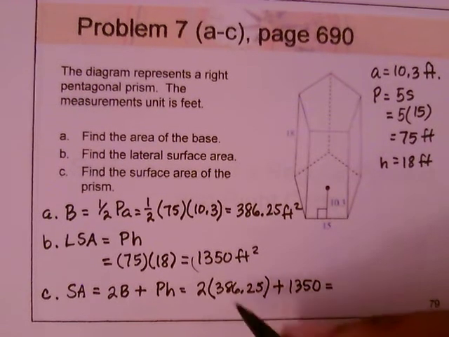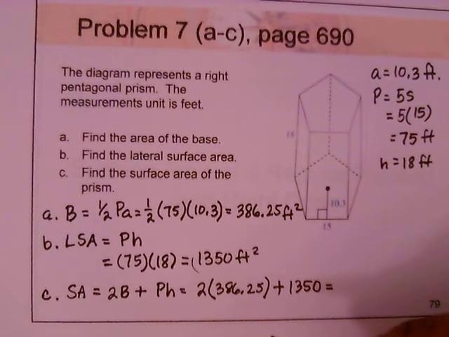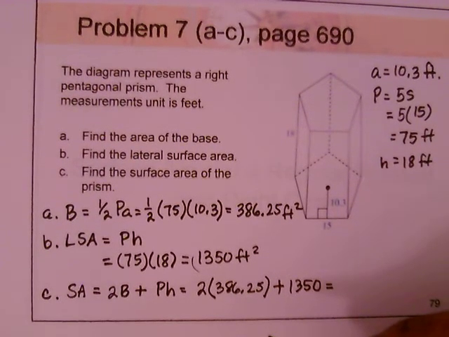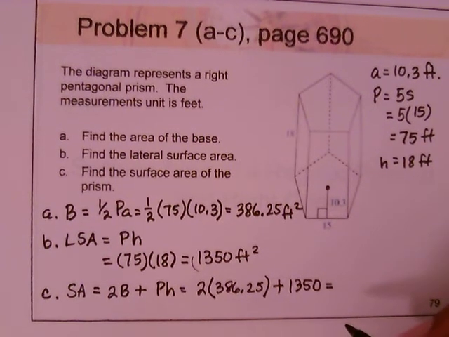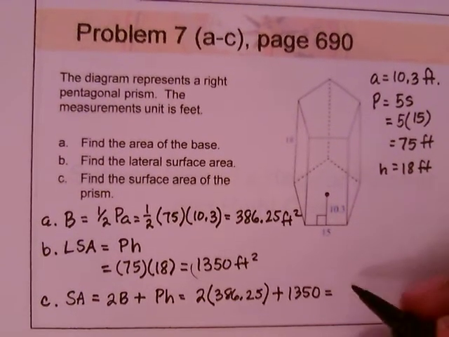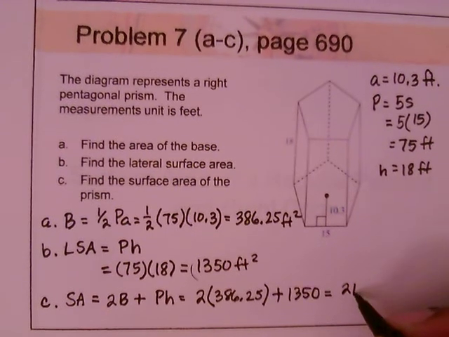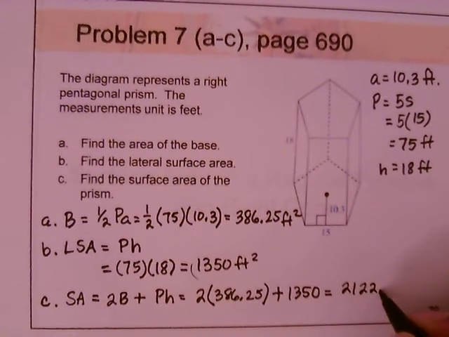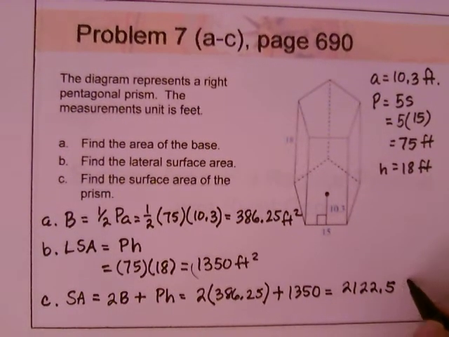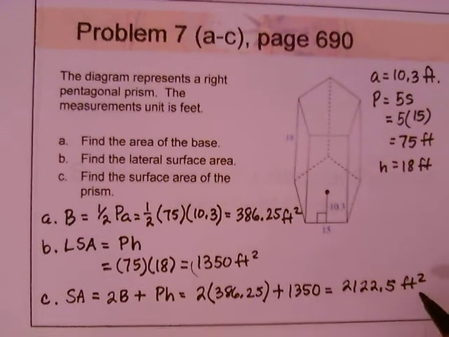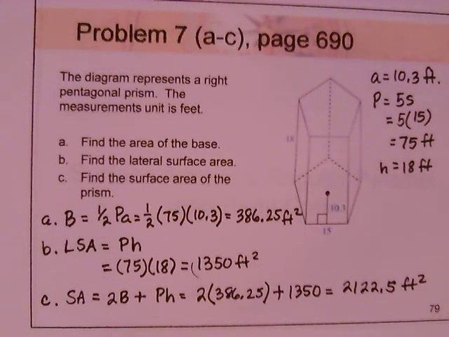So 2 times 386.25 plus that 1,350 would be 2,122.5 square feet. So that is the surface area of that particular right pentagonal prism.